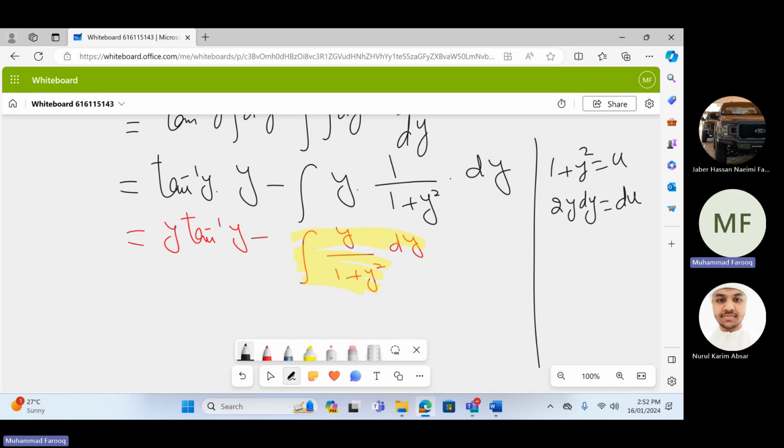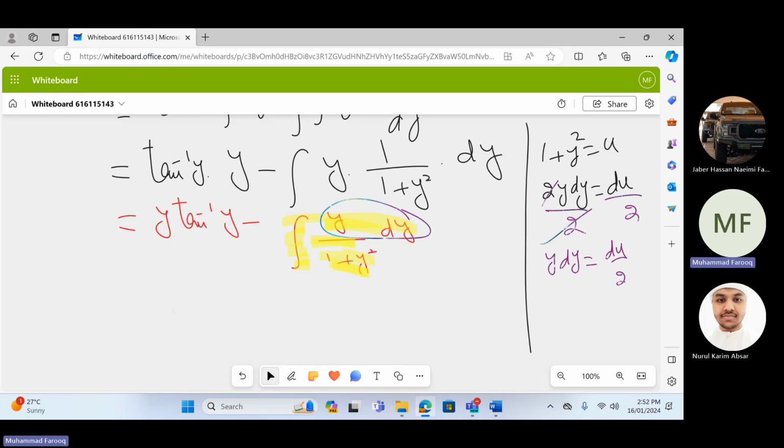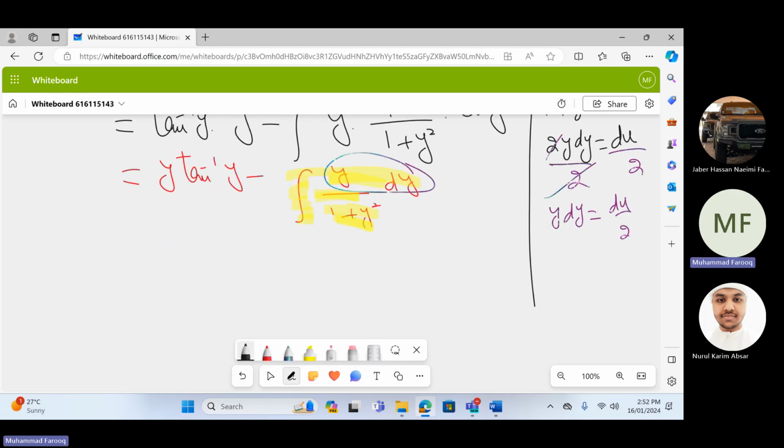In my question I have only y dy, so y dy is basically du divided by 2. Make the 2 outside.